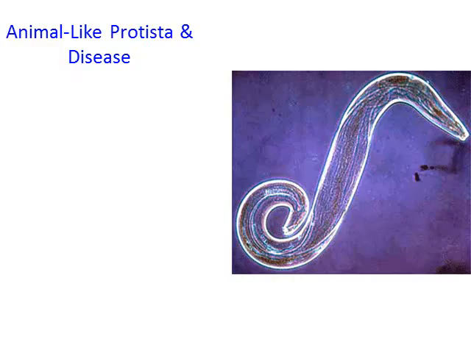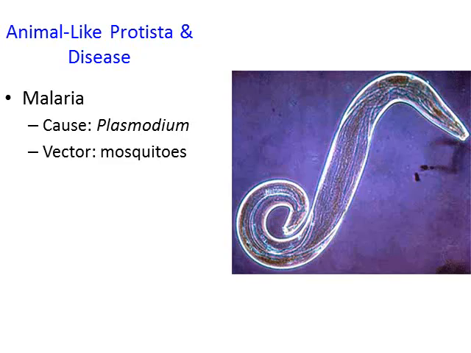I already mentioned the tsetse fly causing sleeping sickness, but I also wanted to mention another one. And this is one that we saw the other day when we went over the notes on the immune system. This little parasite right here is called Plasmodium. It's an animal-like Protista, and it can cause the disease called malaria. The vector, I just wanted to throw this word out there again because we talked about this in the immune system notes.